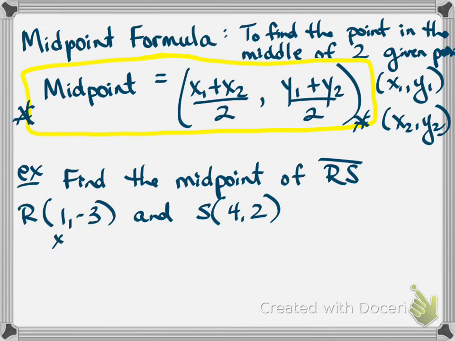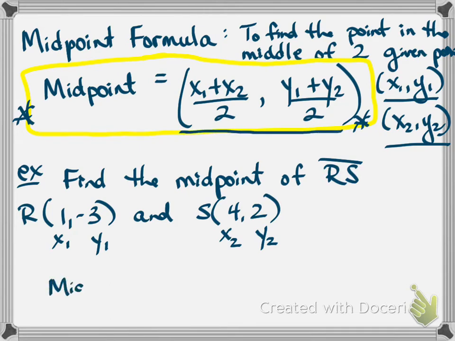Every point has an x and a y coordinate. We need some way to tell these two points apart, so we call one of them x1, y1, and the other one x2, y2. So all we do now is take these values and plug them into this formula.